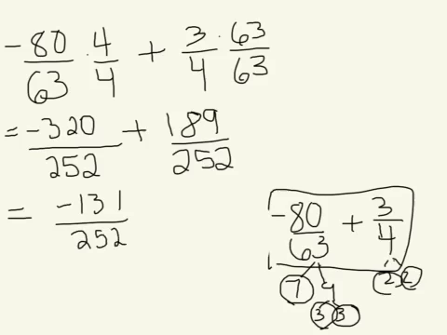Alright, now the question is, is it fully reduced? And one of the things you can check for is on the bottom here, 252. If you add up the digits 2 plus 5 plus 2, you get 9. That means it's divisible by 9. It's also divisible by 3, because when you add up the digits of a number and it's divisible by 3, or 9, that means the whole number is divisible by that.